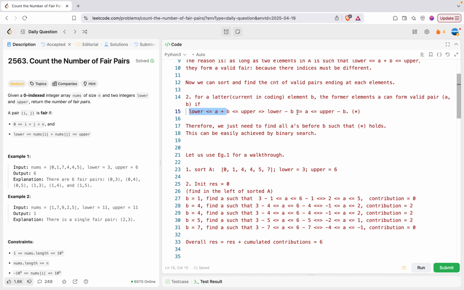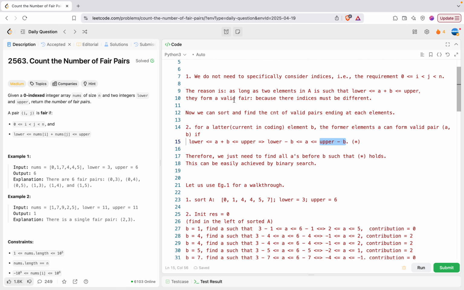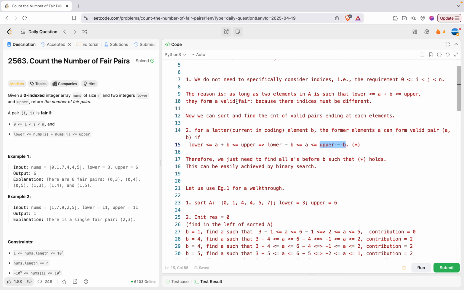Because B is the element we are considering, we subtract B in all three expressions, so A should be in this range. Let's call it star, just for convenience. Therefore, we just need to find all A's before B such that star holds. This can be easily achieved by binary search, because in the first step we have already sorted A.